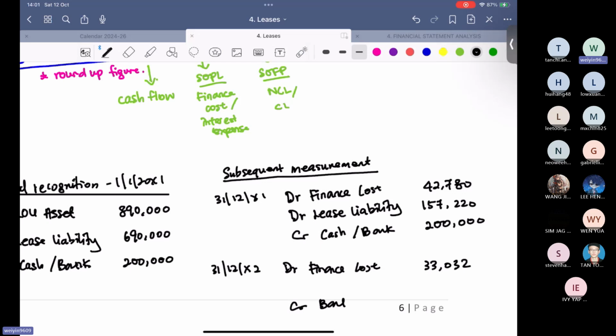Credit bank or cash 200,000. So 166,968. So this is initial recognition and subsequent measurement.